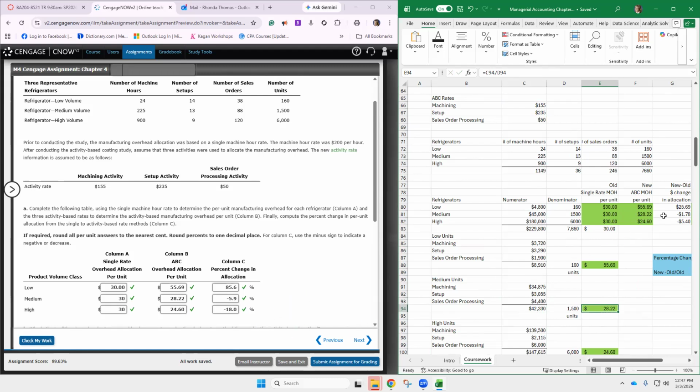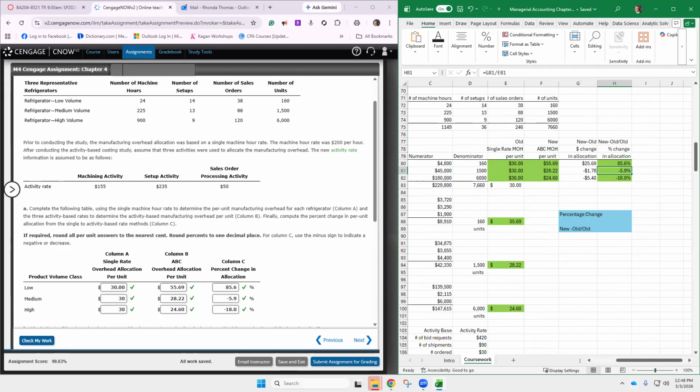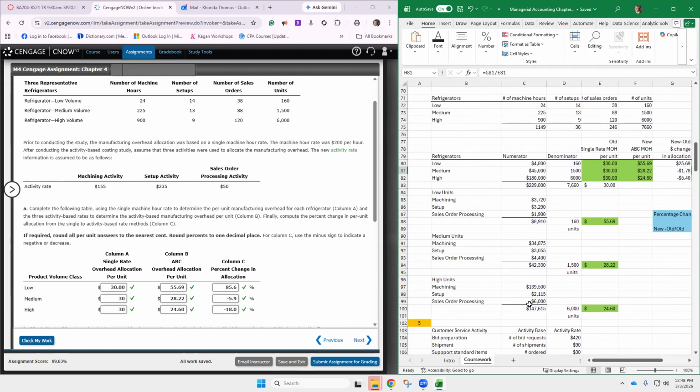Okay, and the difference there is $1.78, and it's a negative 5.9, because if you take a negative 1.78, that's the difference in dollars, and divide by the old rate of 30, you're going to see that it went down negative 5.9.